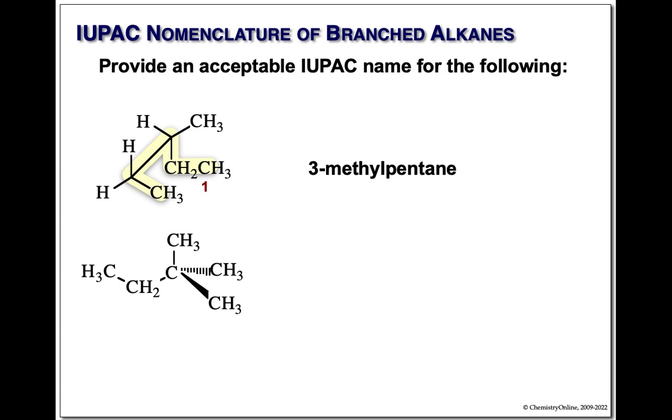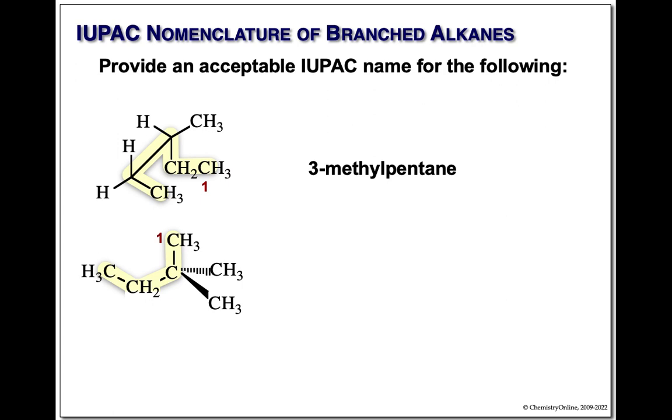Well, looks to me like we could do 1, 2, 3, 4, 1, 2, 3, 4. Yep, that's it. 4 carbons. We want to number so carbon number 1 is closest to the first substituents, so this guy would be carbon 1.